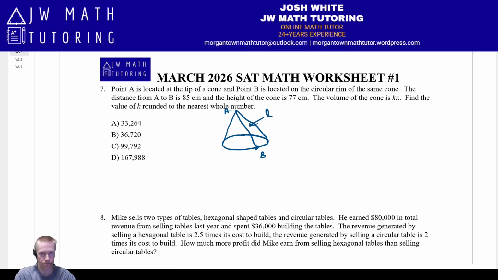Okay, so essentially the slant height here was 85. The height was given as 77. And then what you do is just Pythagorean theorem, because the height, radius, and slant height make a right triangle. So it's basically r squared plus 77 squared equals 85 squared.